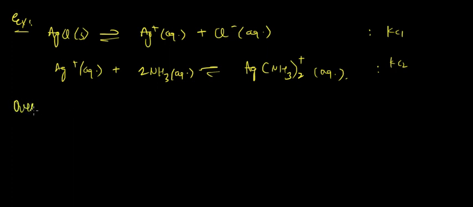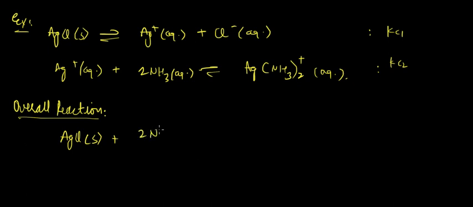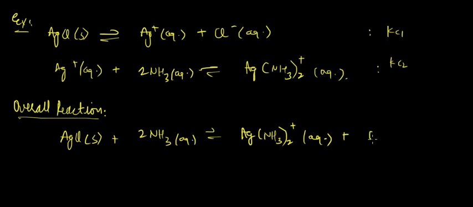And if we see the overall reaction, we can just combine the two equations to get something like AgCl plus 2NH3 aqueous forms Ag(NH3)2 whole plus and Cl minus aqueous.